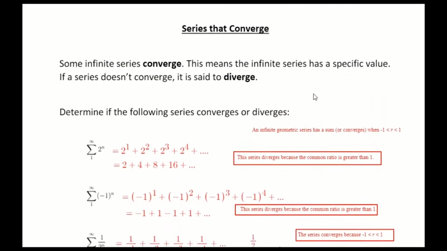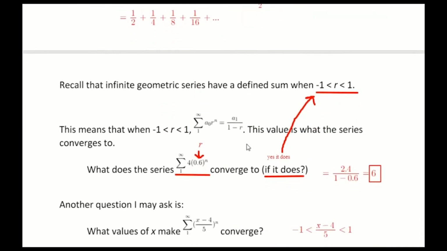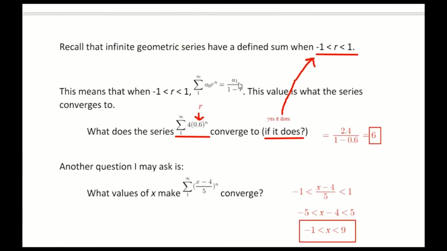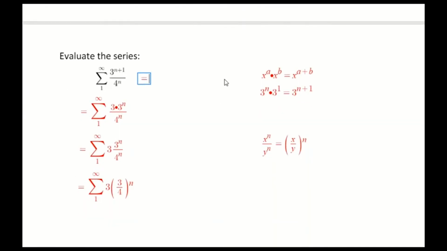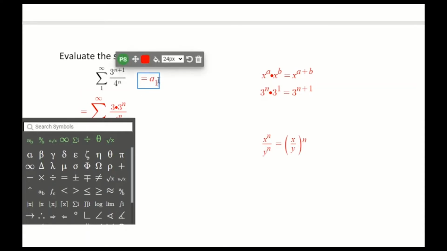Did I copy it somewhere? Oh wait, here it is up here. So it's a sub 1 divided by 1 minus r, which is going to be our first term, which we haven't really computed yet.